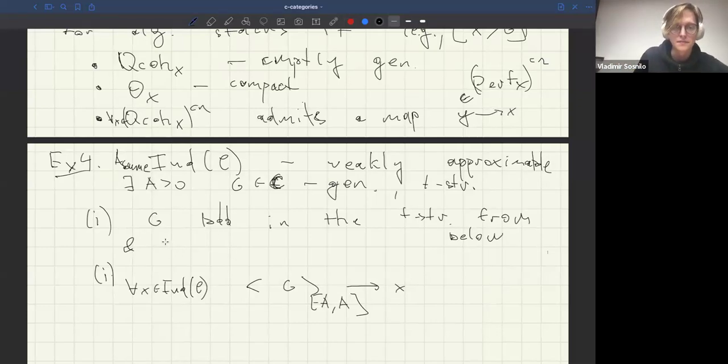So the map from G to Ind of C, t greater or equal than A, is connective.